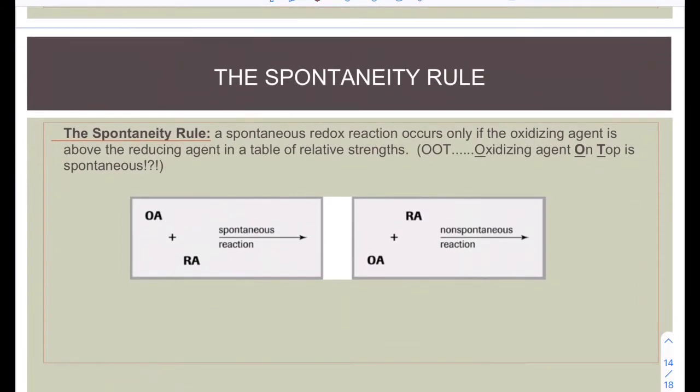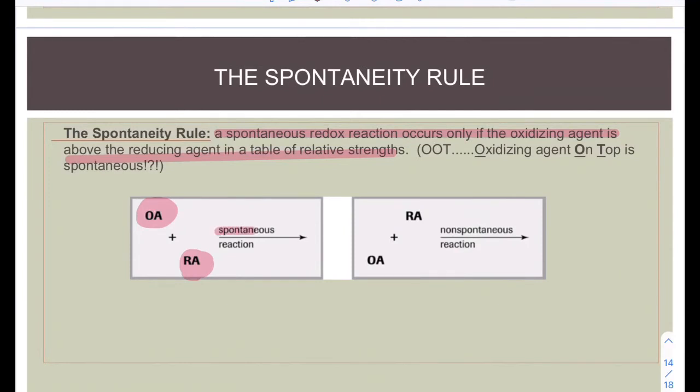When we're looking at our redox table, a spontaneous reaction is going to occur only if the oxidizing agent is above the reducing agent on our table. So if your oxidizing agent on the left-hand side of the arrow is above your reducing agent on the right-hand side of the arrow, then you have a spontaneous reaction.